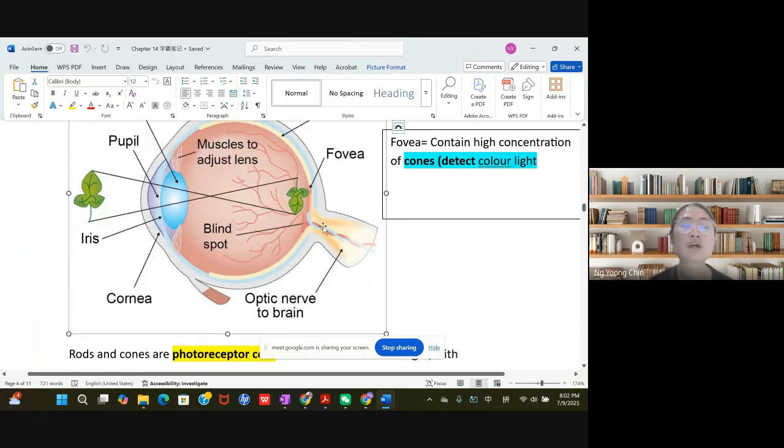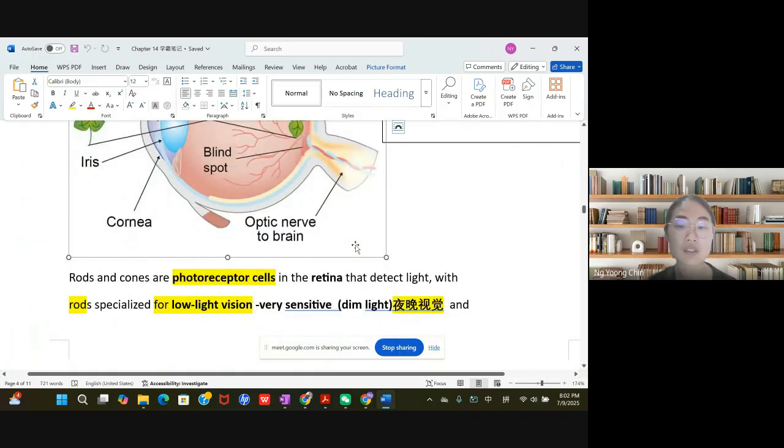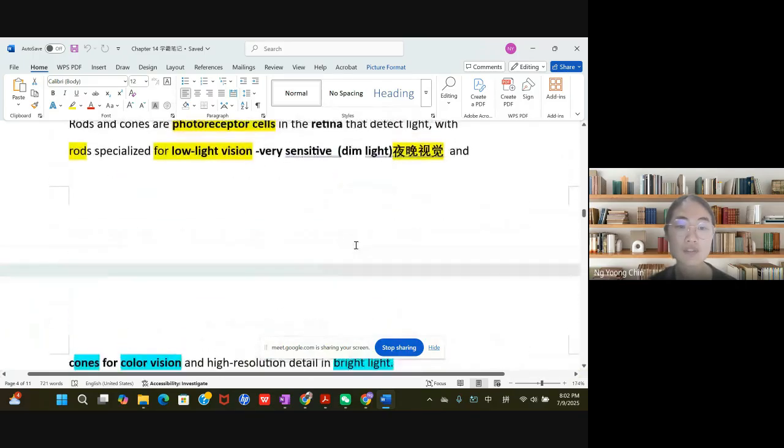This blind spot is located nearby the optic nerve. So the optic nerve is located very close to the blind spot, which means the location of the optic nerve does not contain any photoreceptor.